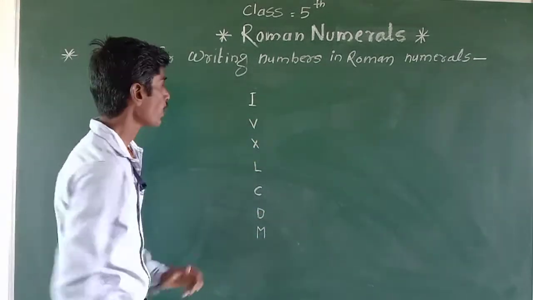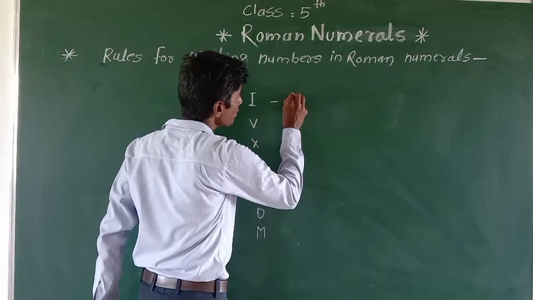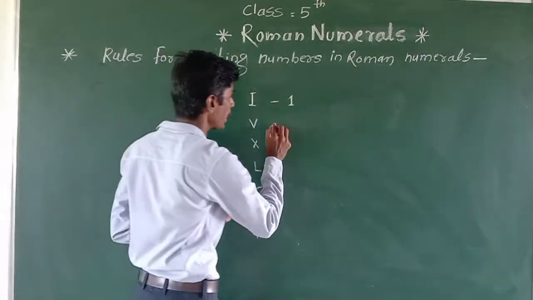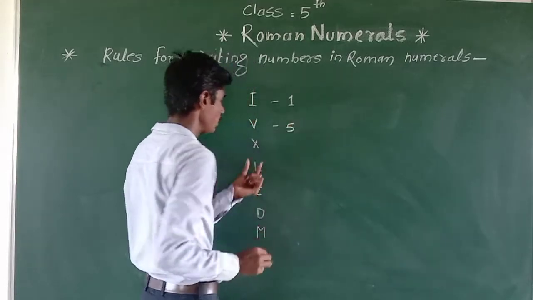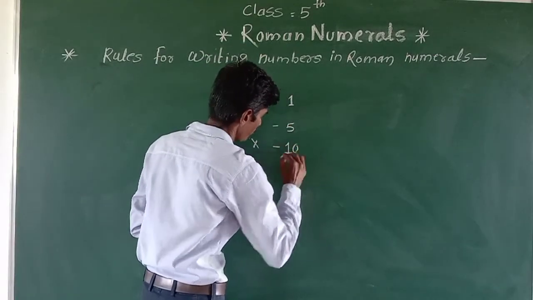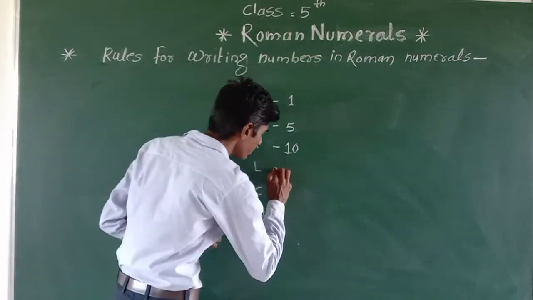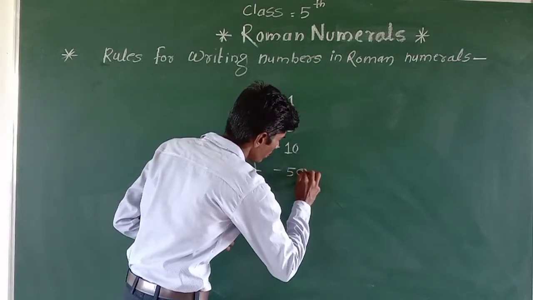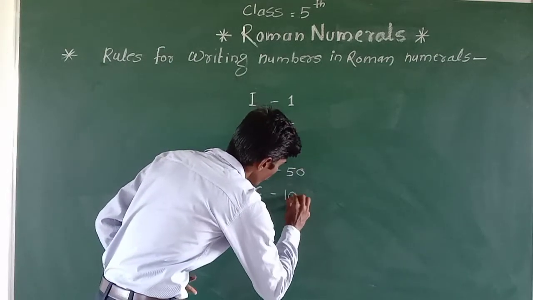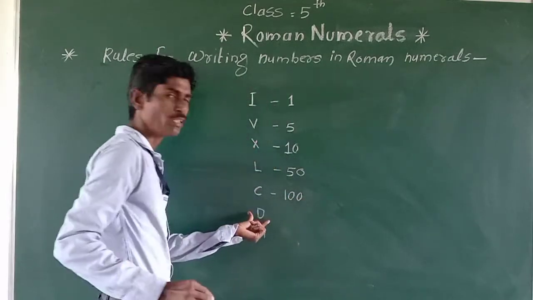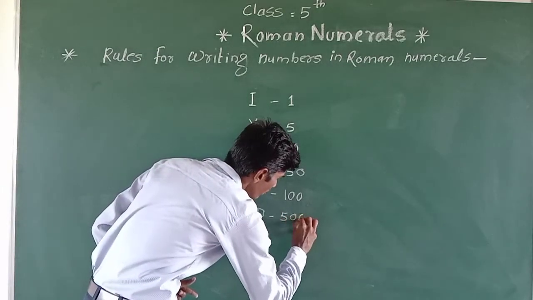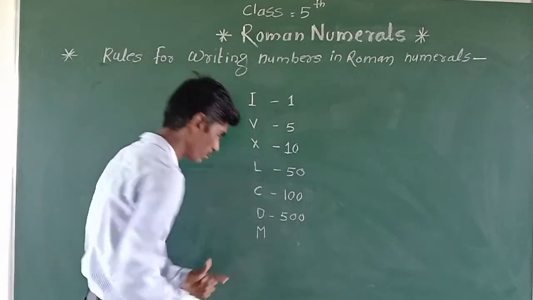So what was the meaning at that time and today? I means 1, V means 5, X means 10, L means 50, then C means 100, D means 500, and M means 1000.